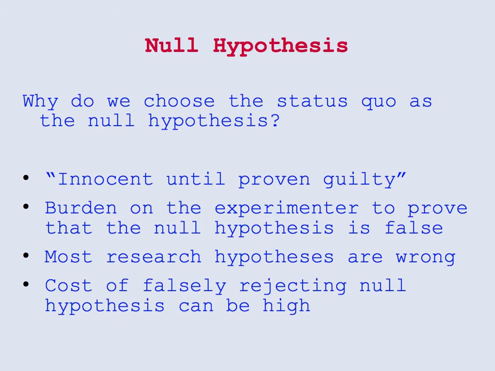An important thing to remember is that the vast majority of research hypotheses are actually wrong. And so what we are trying to do as scientists is sort out the few research hypotheses that are actually correct from the big overwhelming mass that are actually wrong. And we have to keep in mind that the cost of falsely rejecting a null hypothesis can actually be quite high.